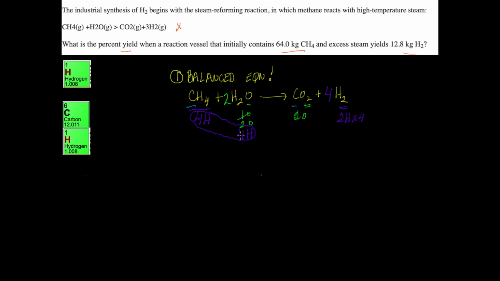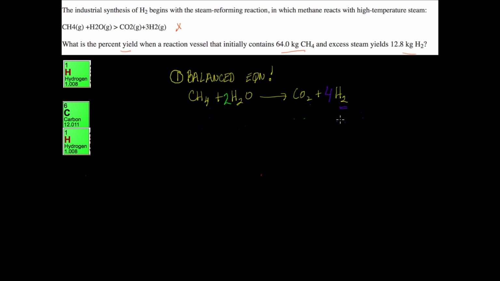Now I'm going to erase this business here, so we have a little bit more room to work with. Okay, and the first thing to think about, I asked this student, was what do those numbers mean? What do these coefficients mean? And she told me, well, it means 1 molecule of this reacts with 2 molecules of that to give 1 molecule of CO2 and 4 molecules of hydrogen.